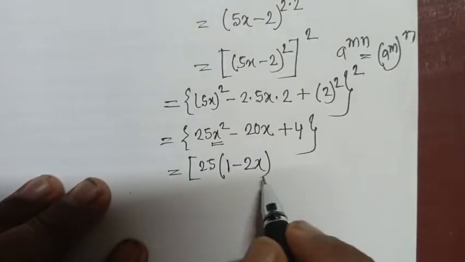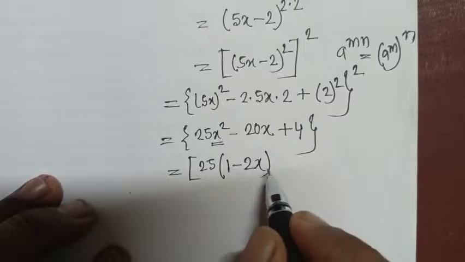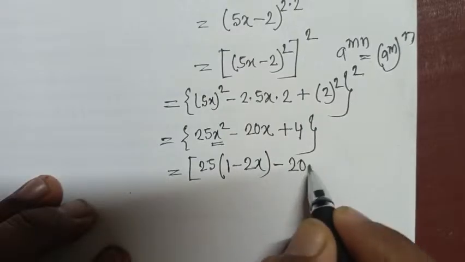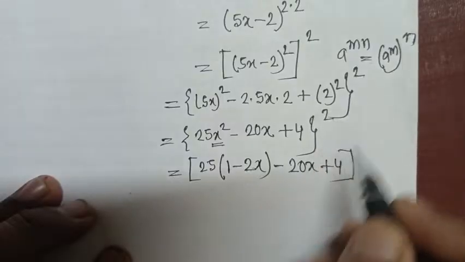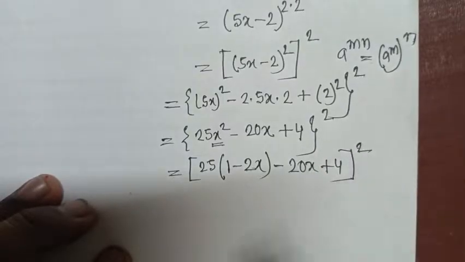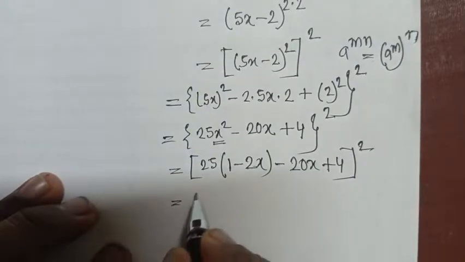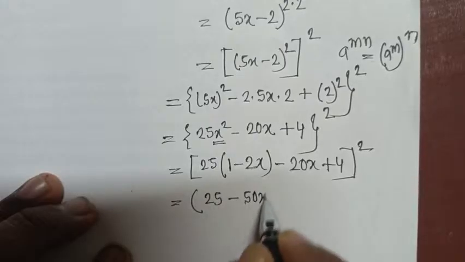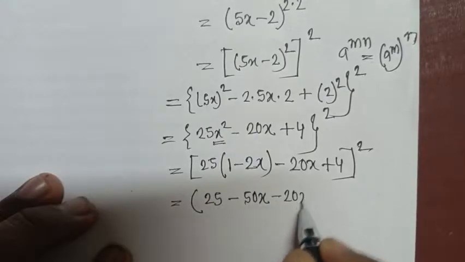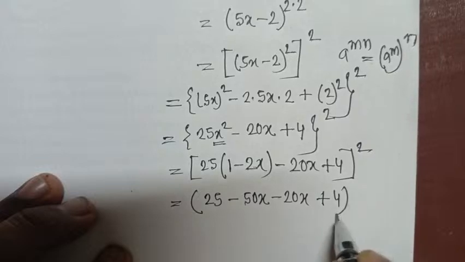So now we got minus 20x plus 4. We have missed that square. Now that will be 25 into 1 minus 2x, minus 20x plus 4.